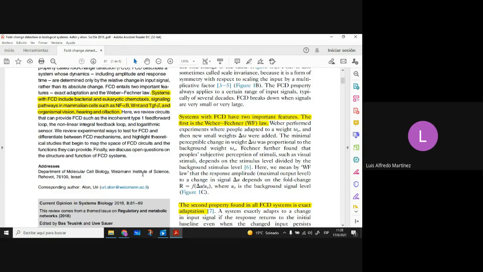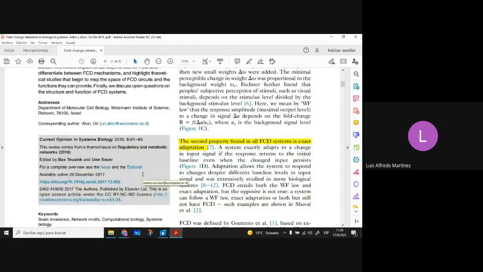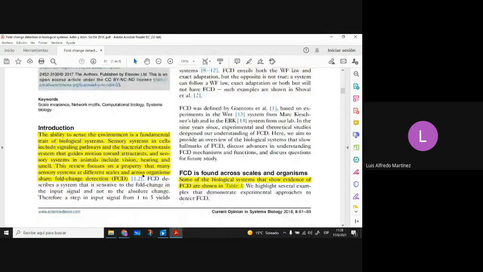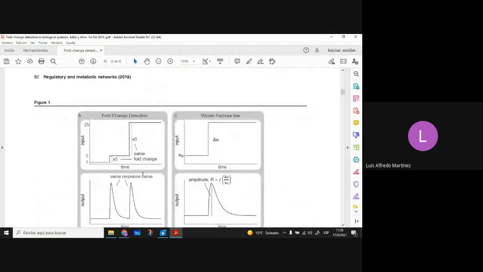The biological systems, sensory systems in cells, include signaling pathways and the bacterial chemotaxis systems that give motion toward attractants, and sensory systems in animals include vision, hearing, and smell.